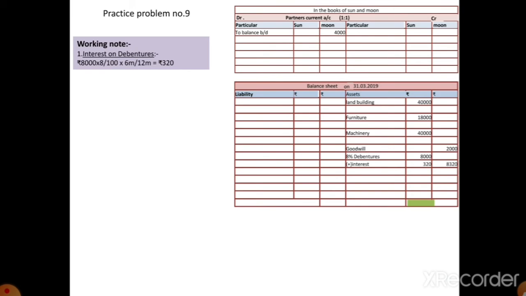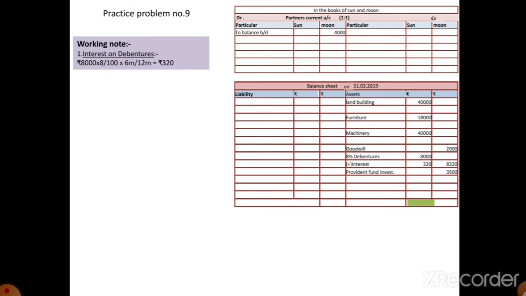That amount we add to the debentures, so we write it on the asset side below the 8% debentures, plus interest amount 320. We take the total of both amounts and write it in the outer column. That total is 8,320. Student, its second effect goes on the profit and loss account debit side, but here we cannot prepare the profit and loss account.